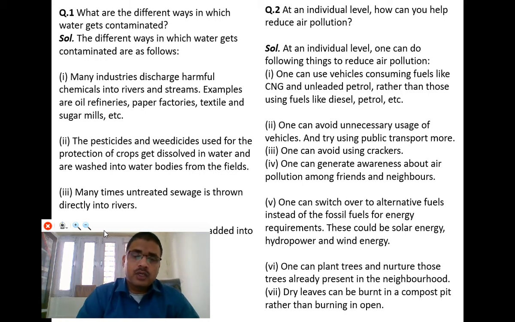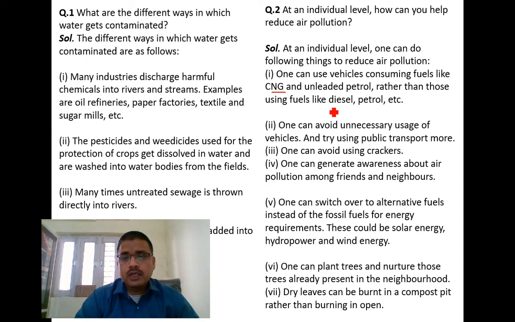For that, they have to use CNG in replacement of petrol, diesel and kerosene. One can avoid unnecessary use of vehicles and transport modes.